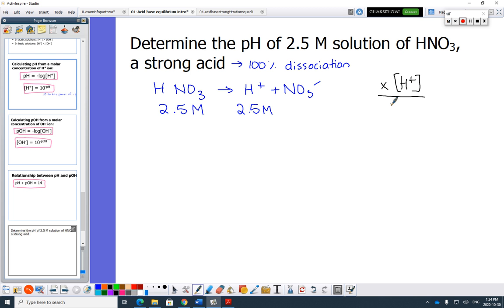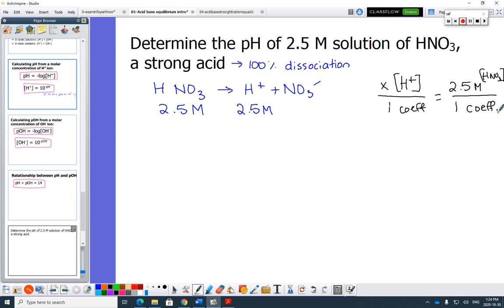So what's the concentration of hydrogen? Its coefficient is 1. The concentration of HNO3, its coefficient is 1. And what would you get? 2.5, okay?